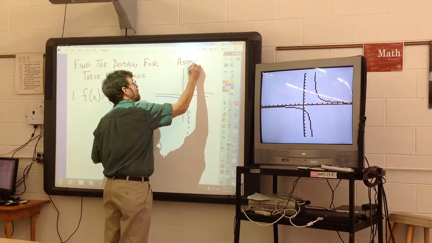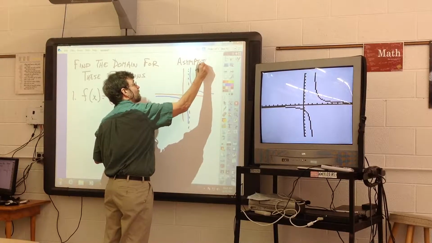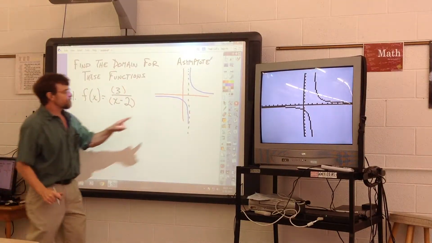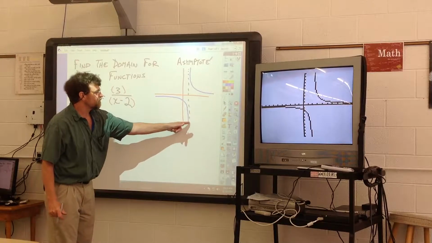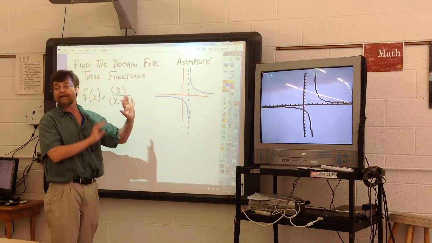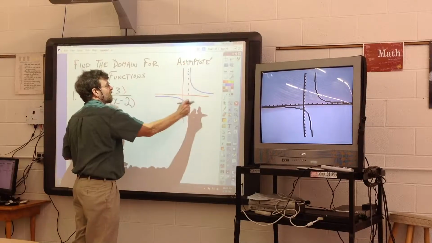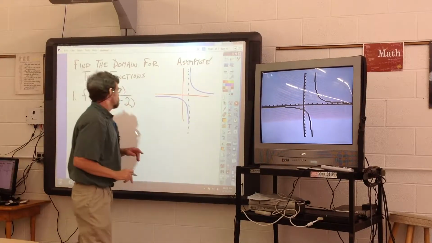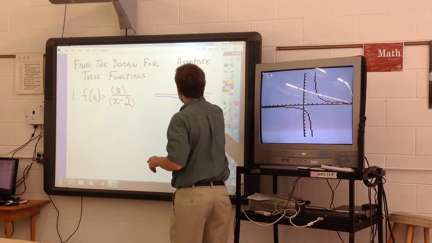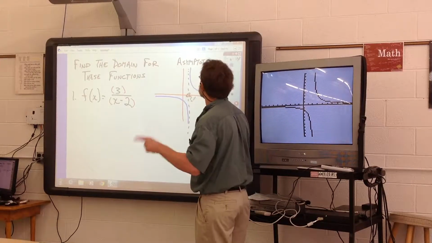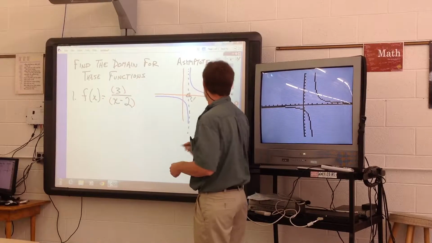Okay. An asymptote means this curve gets closer and closer to this number, but it never hits it. Same here. Any idea what this number is right here? 2, right. How do you know? Because 0 can't be on the bottom. And that's how you find out.